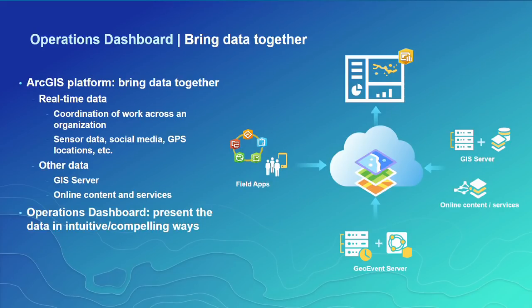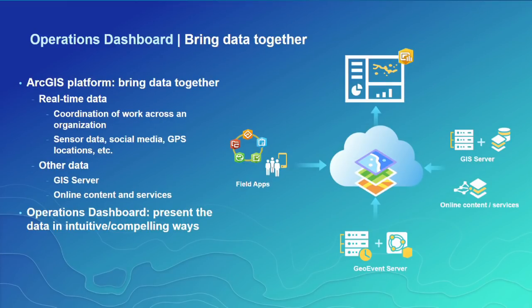Like we said in one of the first slides, we have a product that is capable of consuming data in real time, and there are two different ways in which we talk about that. We talk about real time sometimes in the IoT sense of the word, in the sensor data coming into the system, being processed with something like GeoEvent Server, and being made available through your platform through services.